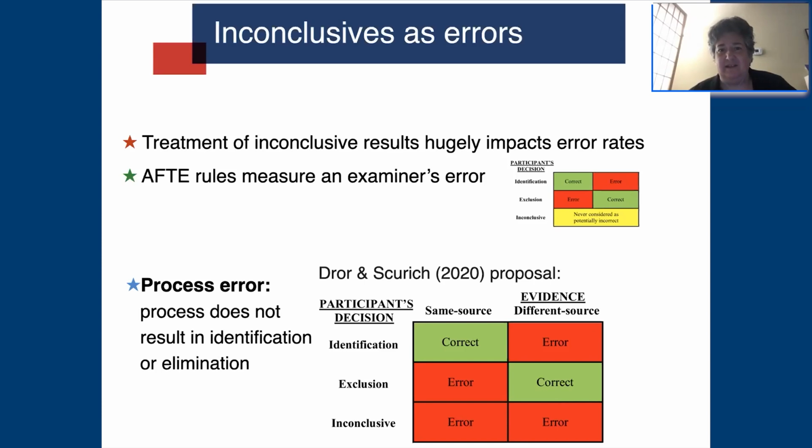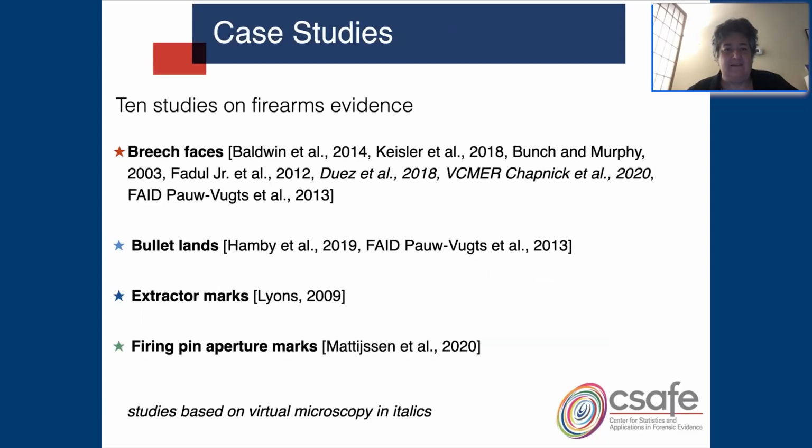Okay, so we went into the literature and we pulled out case studies regarding any kind of firearms evidence. So here is an overview of all the different pieces of firearms evidence that are available since about 2009. Most of the studies deal with cartridge cases and breech faces. So you can see here the famous Baldwin study.